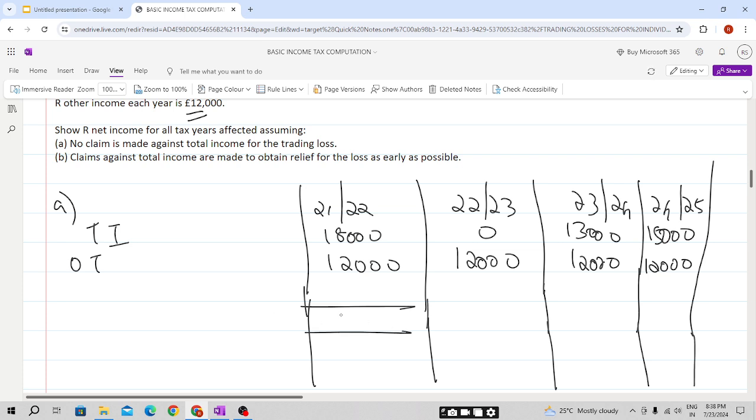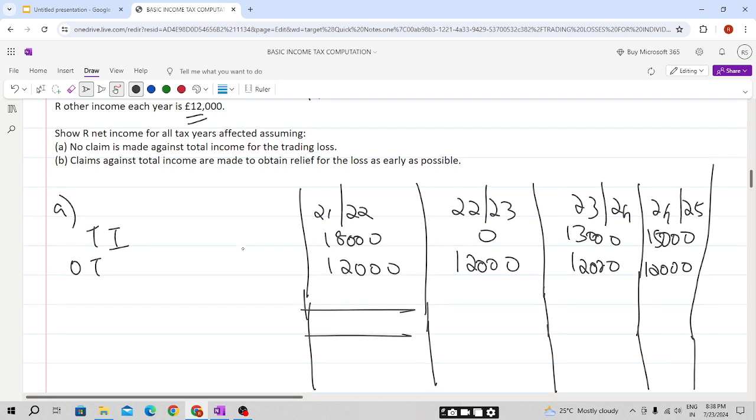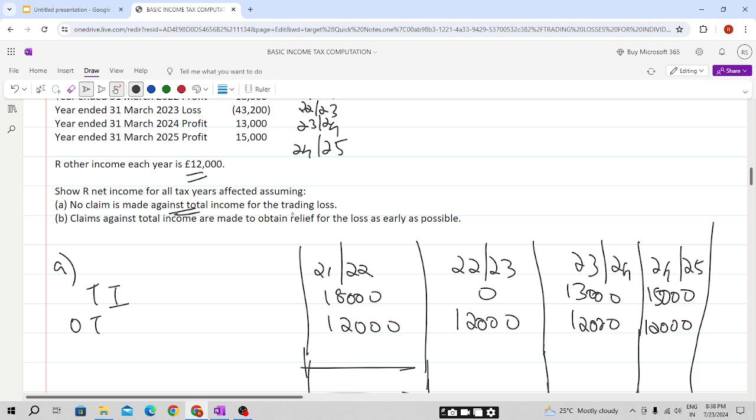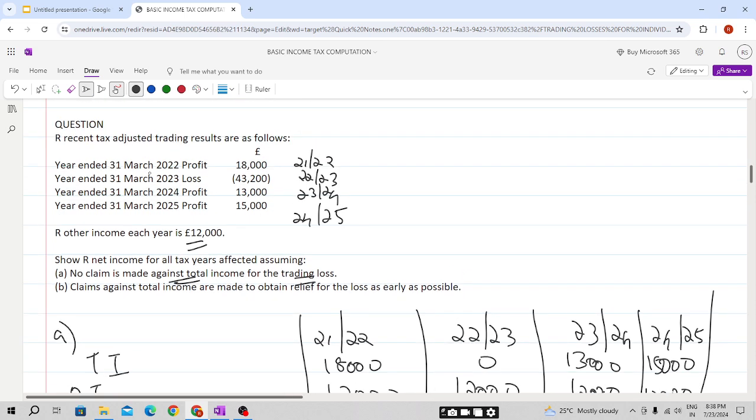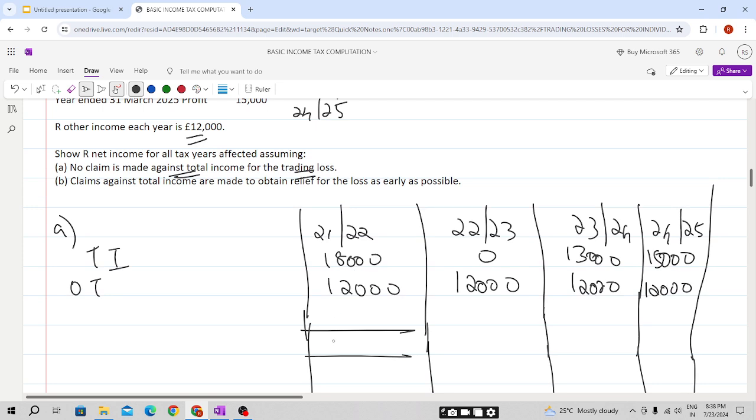Our total income will be, students, 30,000. Now before that, sorry, we need to see the loss relief. No claim is made against total income for the trading losses, so it is directly carried forward. So for 22-23, which we have incurred, here it will be 30,000 total income.